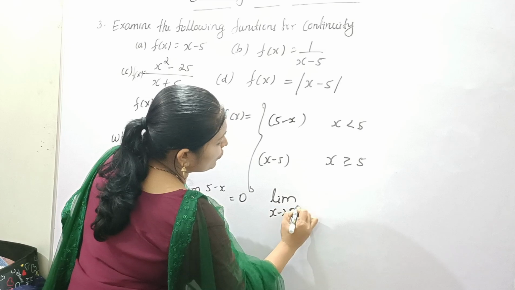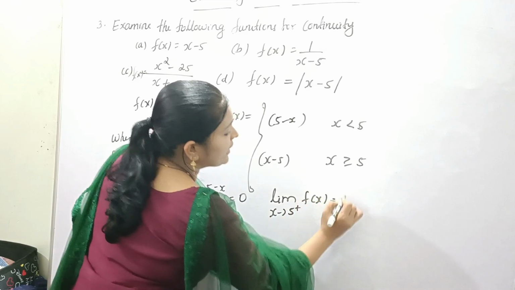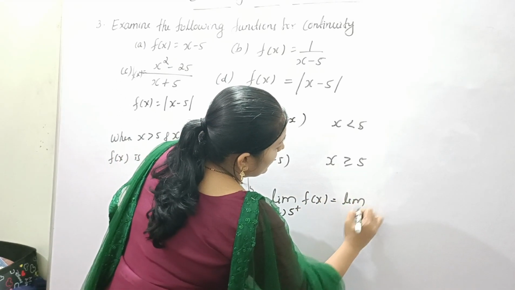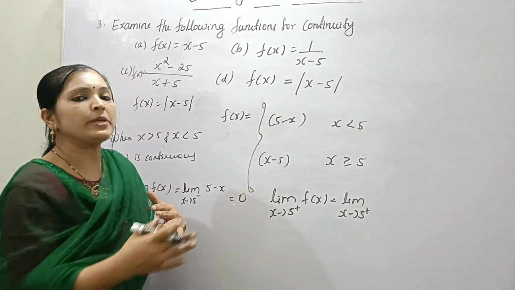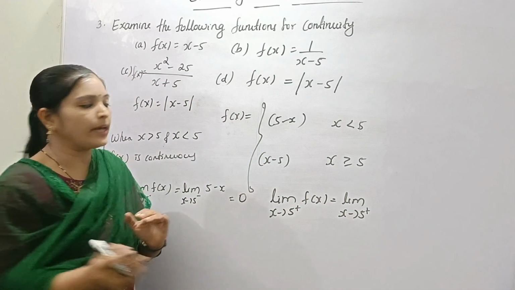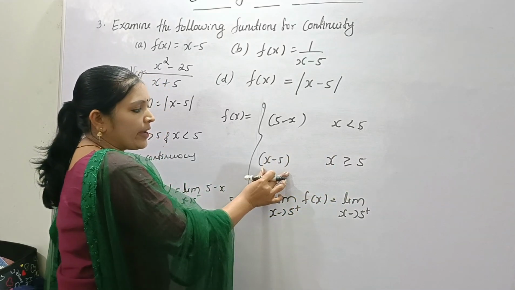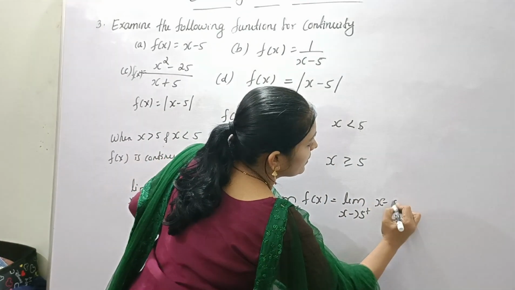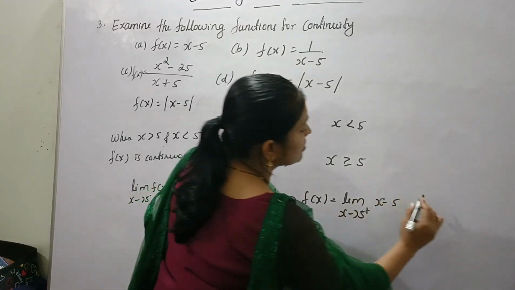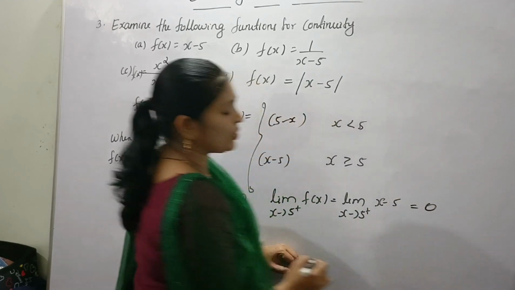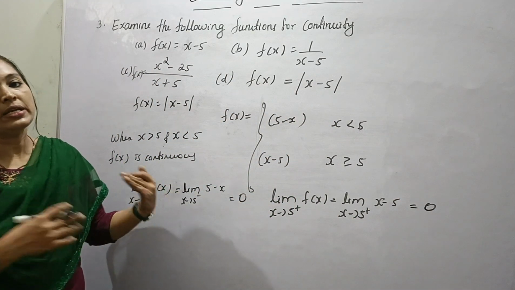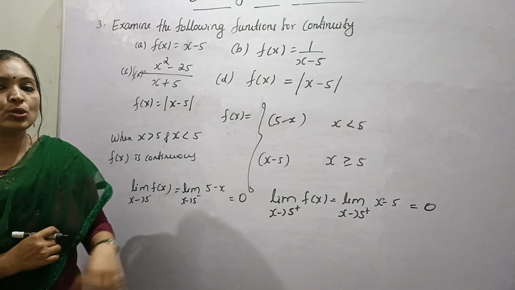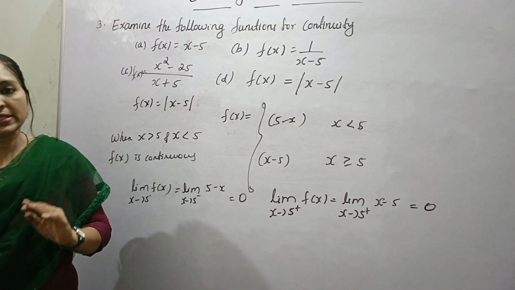Limit x tends to 5 plus, that is right of 5, greater than 5. When x is greater than 5, f of x is x minus 5, that is 5 minus 5, which is 0. So the left hand limit and right hand limit are the same, so limit x tends to 5 of f of x exists.